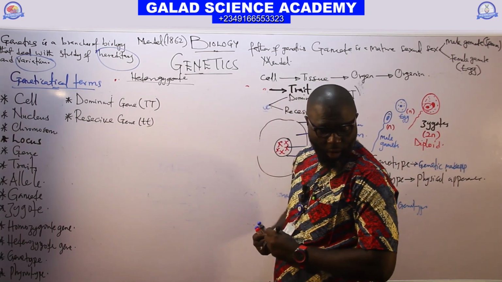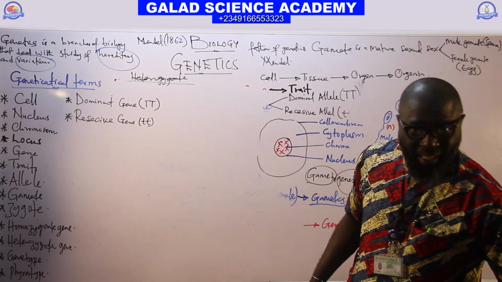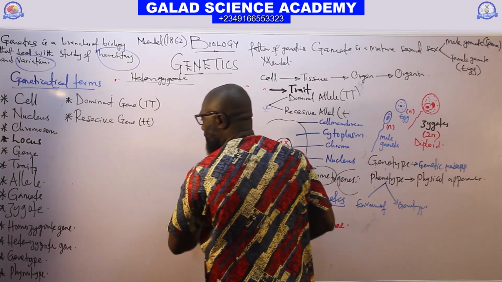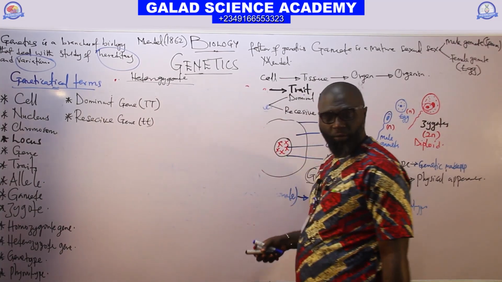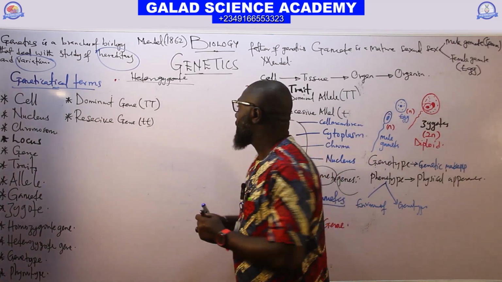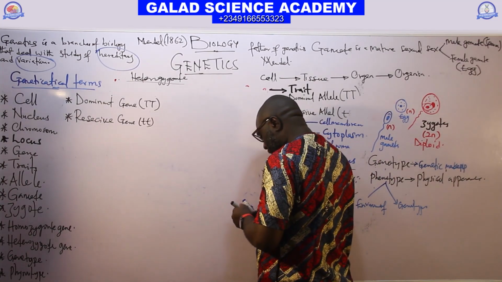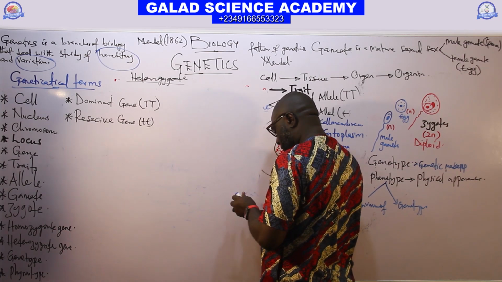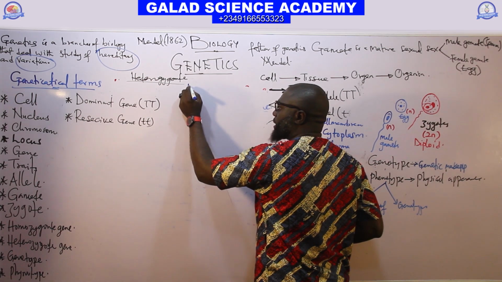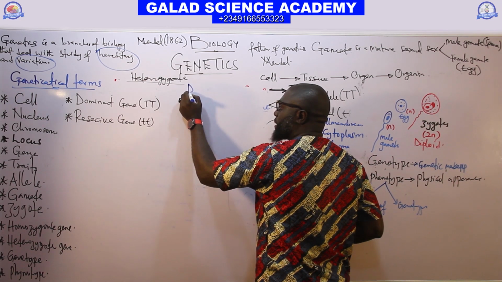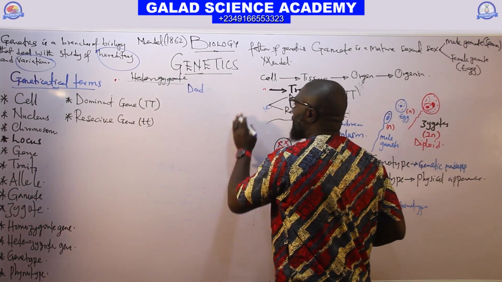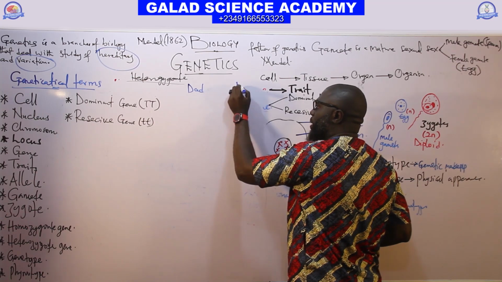So in this case, let me perform a little experiment in order to explain this in detail. Take for instance, let me use myself as a case study. Assume this is my dad, and let's say this is my mom.